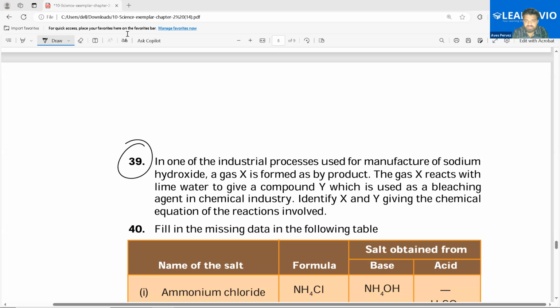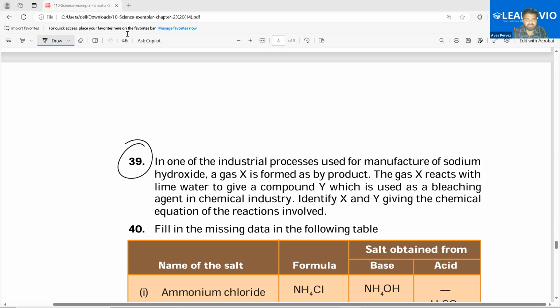What is X? X is chlorine gas. And what is Y? Y is bleaching powder, CaOCl2. So the question says that in one of the industrial processes used for manufacturing sodium hydroxide, a gas X is formed as a byproduct.